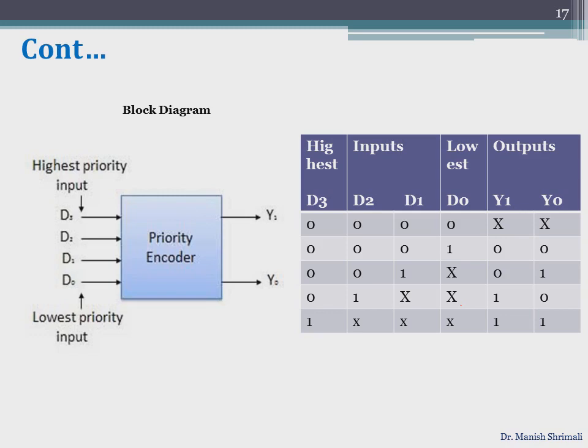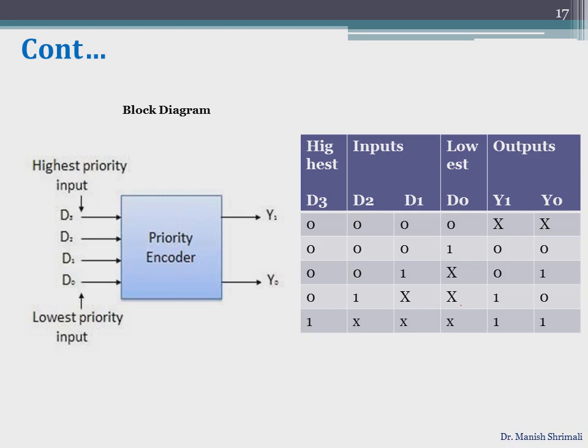You can see here when D3 is 1, it doesn't matter what the rest of the inputs are. That is why we have shown a cross in the case of D2, D1, D0. So when D3 is 1, that is the highest priority input is 1, Y1, Y0 are both 1, 1.